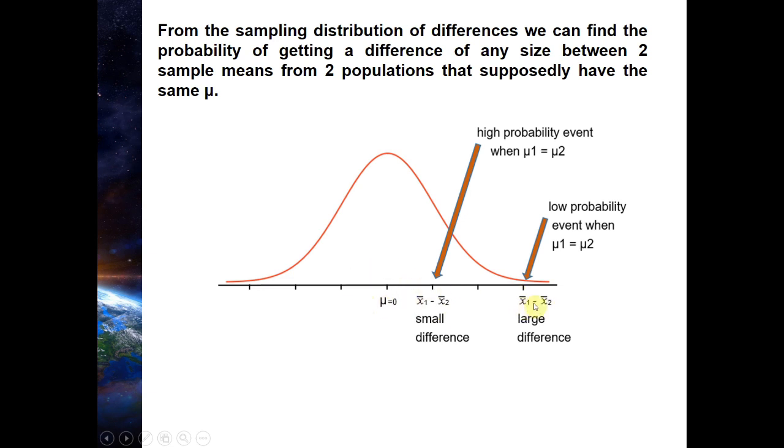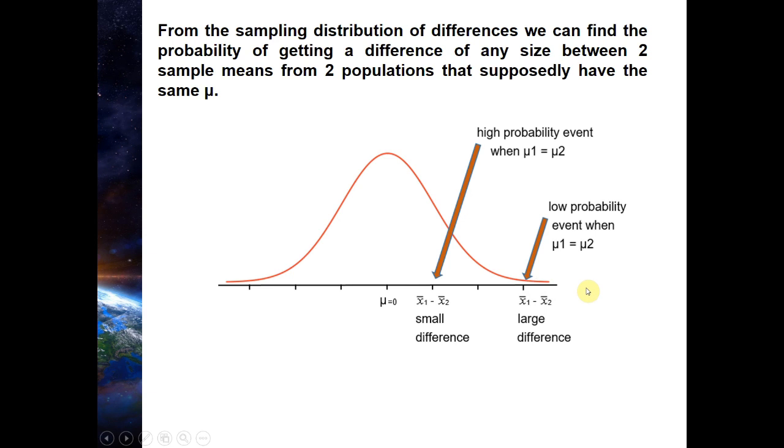But if we get a very big difference, that's when we say, wait a second. It could just be sampling error, but what's the probability? See how small it is? So rather than say, oh yeah, that's just sampling error, we're going to say it's probably the case that our initial assumption was false and mu1 does not equal mu2.